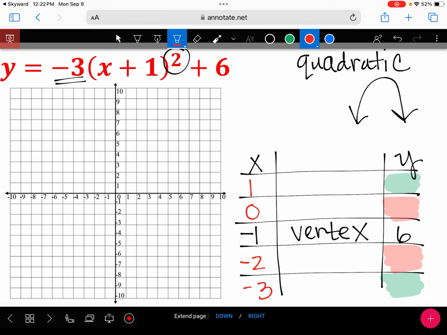You're just going to type it in your equation. We got 1 + 1 is 2. 2 squared is 4. -12. -6. Okay, yeah.